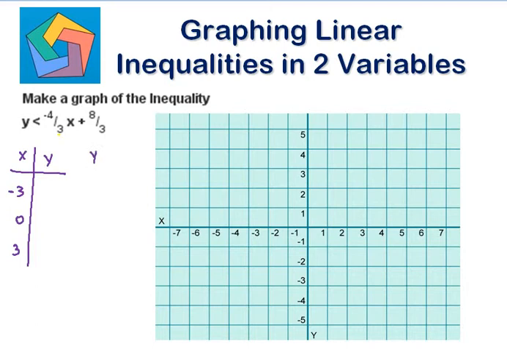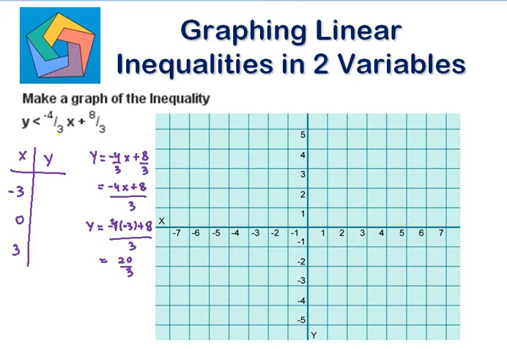So y is equal to minus 4 over 3x plus 8 over 3, or I can say minus 4x plus 8 by 3. So let's put minus 3, y is equal to minus 4 times minus 3 plus 8 over 3. 4 times 3 is 12. 12 plus 8 is 20 by 3.